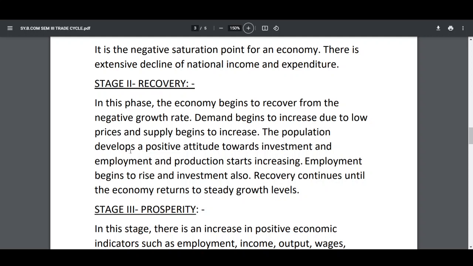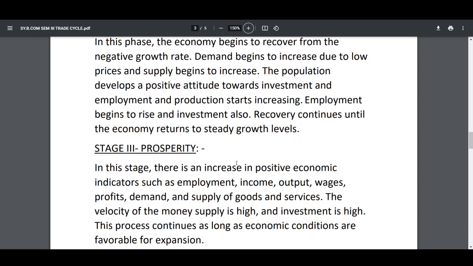The population develops a positive attitude towards investment and employment, and production starts increasing. Employment begins to rise and investment also. Recovery continues until the economy returns to steady growth levels.